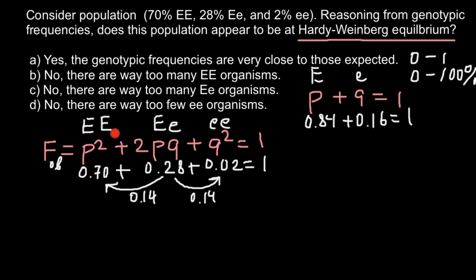So according to this formula, P squared stands for the homozygous dominant genotype, so P squared would equal the frequency of the dominant allele squared, so 0.84 multiplied by itself, and the frequency would equal 0.71. I'm rounding numbers to 2 decimal places.